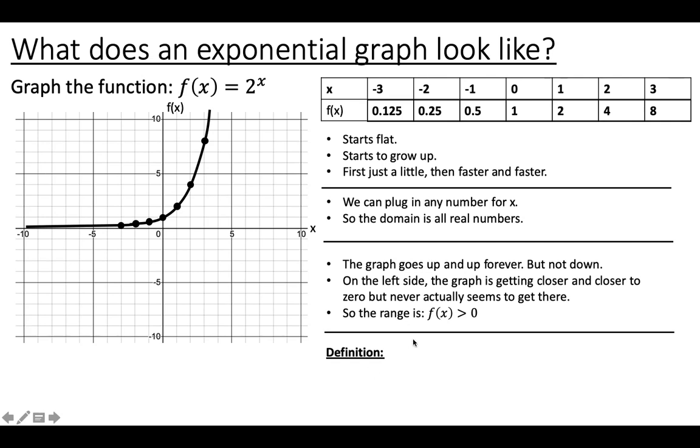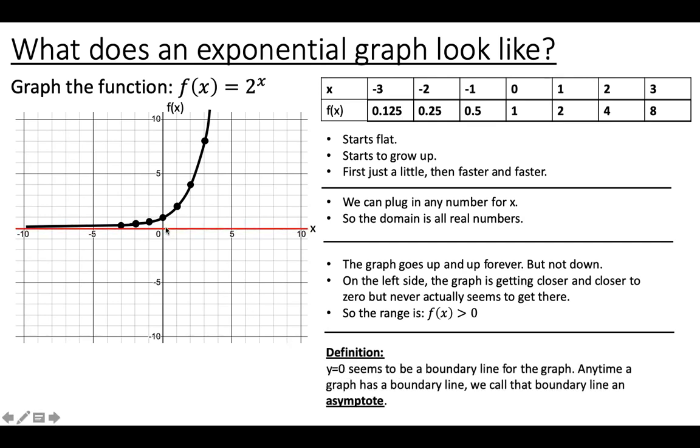So next thing we're talking about, this is kind of weird. It's getting close to 0. So that's a thing, and we're going to talk about what that thing is. Okay, so y equals 0. This red line right here seems to be a boundary line for the graph, right? The graph does not go across this line. It doesn't even get to the line. It can get as close as it wants, but never actually go over it, okay?